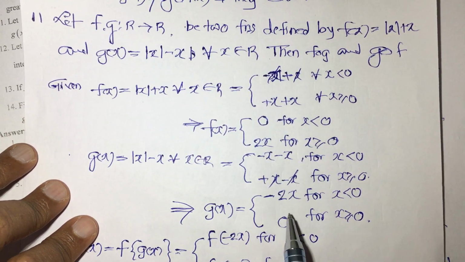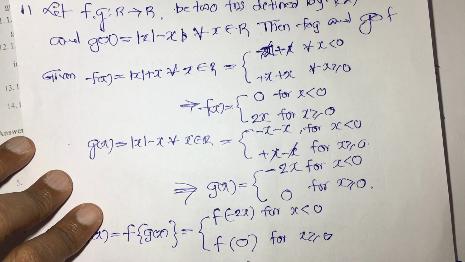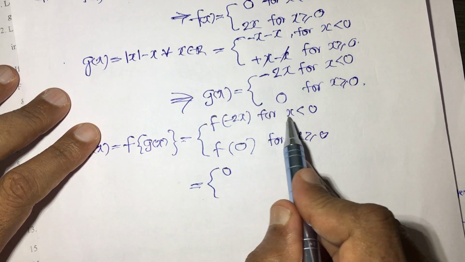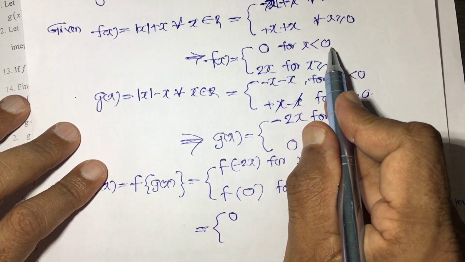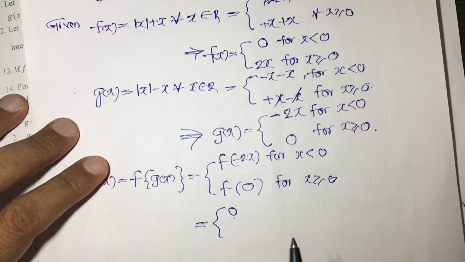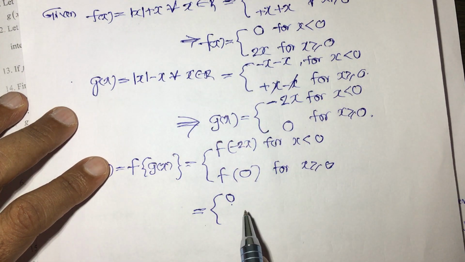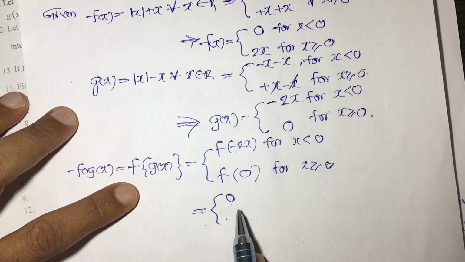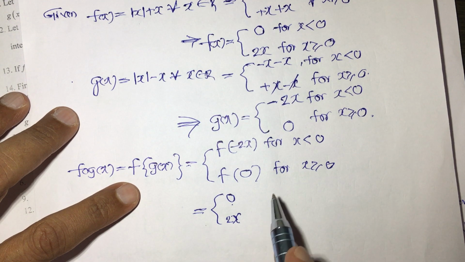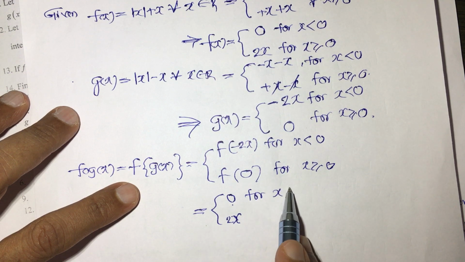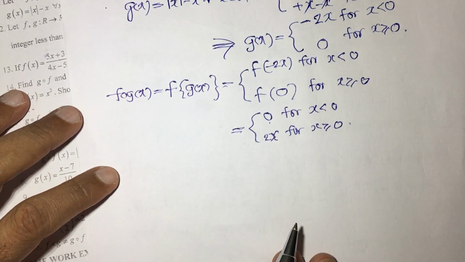When x is negative, the value of the function is always 0. So for x less than 0 we get 0, and for x greater than or equal to 0 the value of the function is 2x, and when x is 0 it is 0.